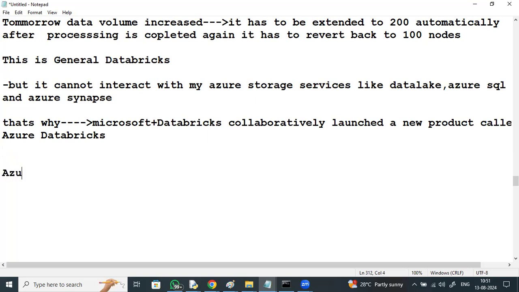So what is this Azure Databricks? We say ADB.